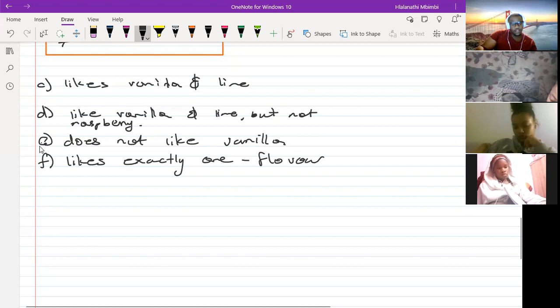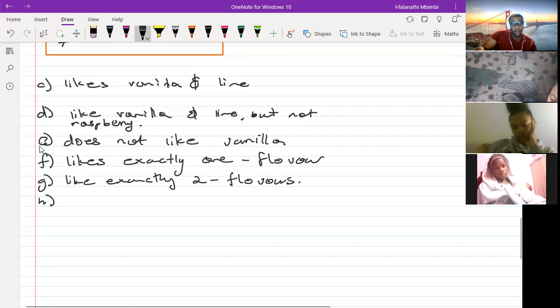And G: likes exactly 2 flavors. The other one is likes at least 2 flavors.